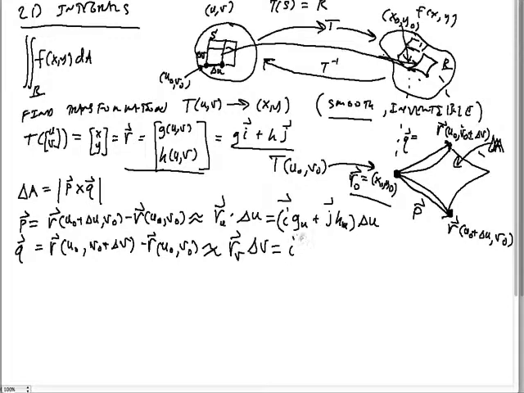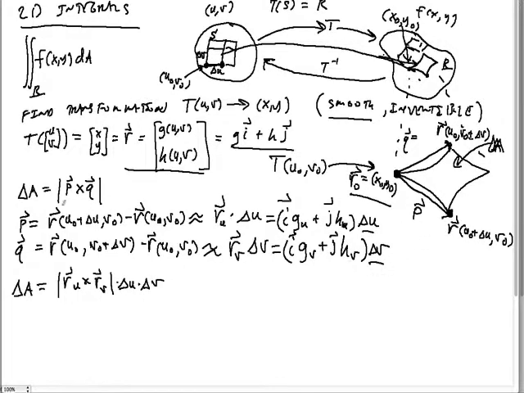And q is i g_v plus j h_v, all multiplied by delta v. Okay, so delta A then is going to be equal to r_u cross r_v times delta u delta v, because scalars pass right through cross products. So there we go.